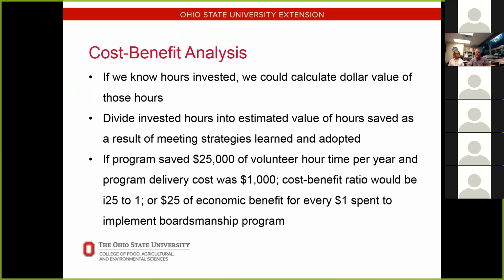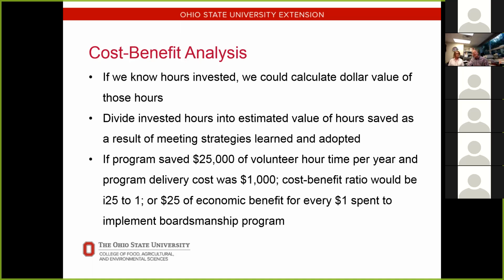If we know that, we can calculate the dollar value of that. And then we ask, how much have we actually saved? In the effective meeting management strategy extension program, how much do we save in terms of hours as a result of this program? We figure out the dollar value of that, and then we do a simple calculation. So I'm feeling very optimistic. It was an amazing program.